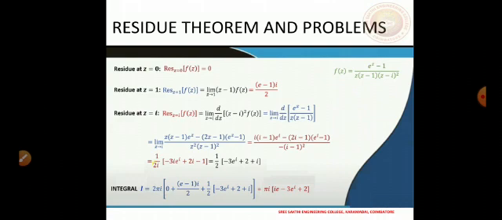So 2 pi i, and then we have a 0, the second residue, and the residue at the point where it is a pole of order 2, and now if we simplify a bit more, we will get the value of this desired integral. So this was one of the applications where we have seen residues play an important role in the evaluation of this integral. Without using the residues, this would be a little bit more complicated.